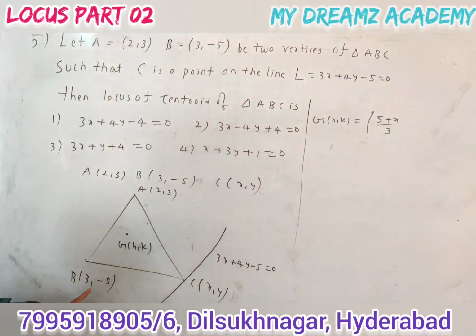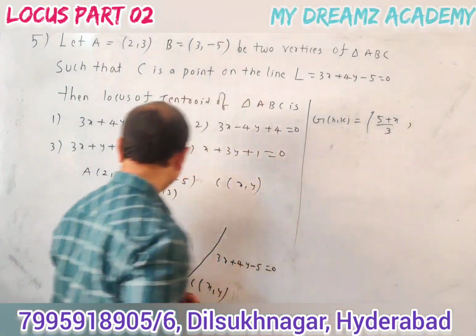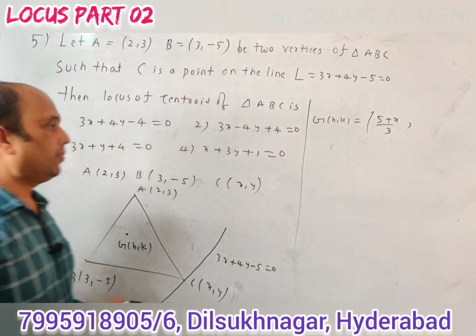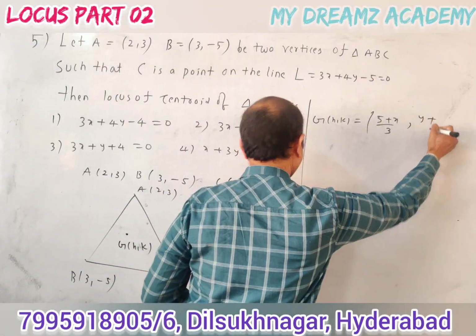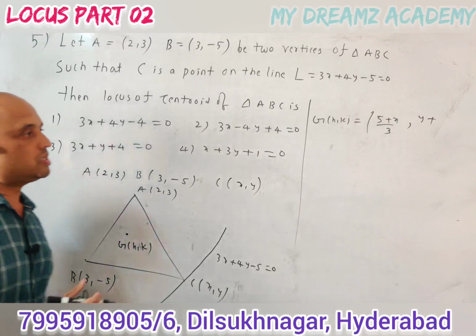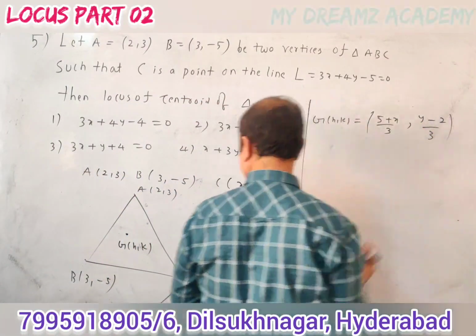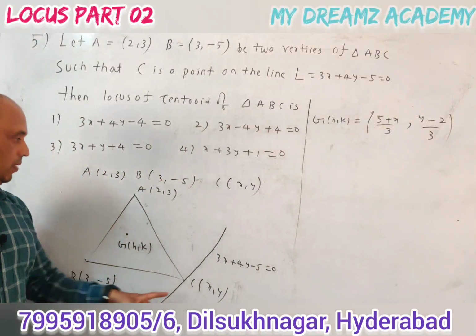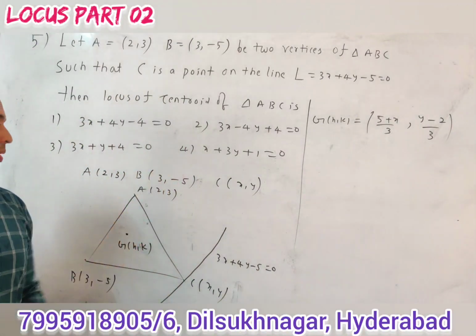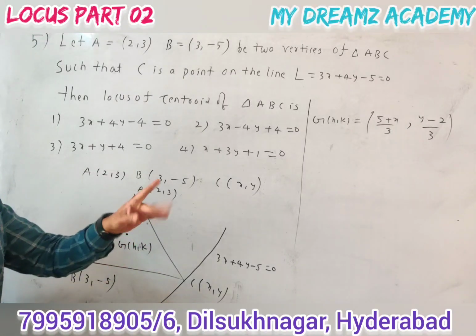Next, y1 plus y2 plus y3 by 3. So 3 minus 5 is minus 2, so y minus 2 by 3.